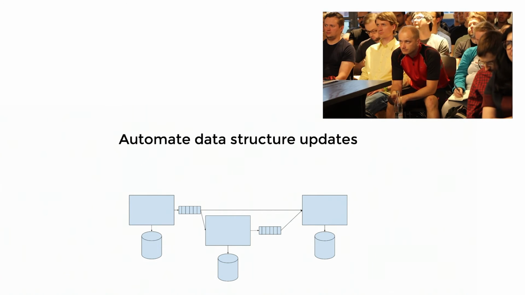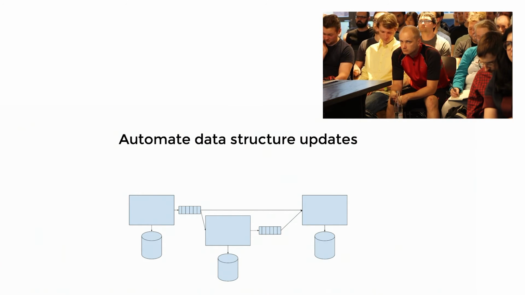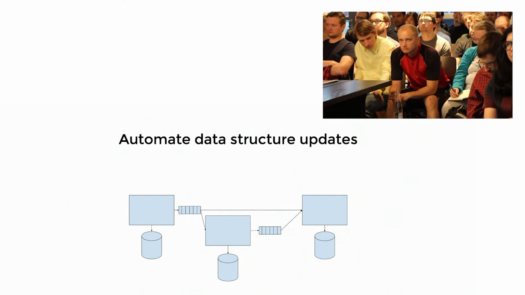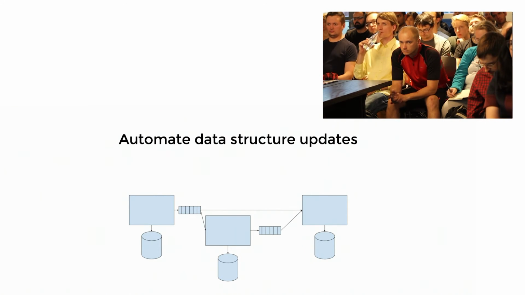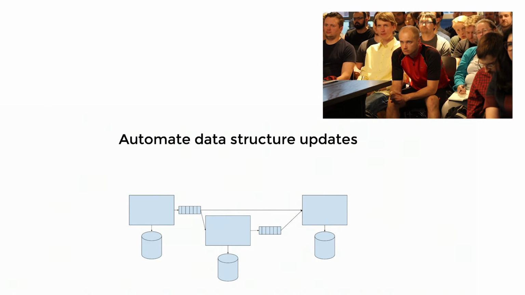So this is a little bit more tricky. One problem we faced with doing microservices and especially distributing data is that services become dependent also on the data structures that are served by other services. So let's assume a simple example.